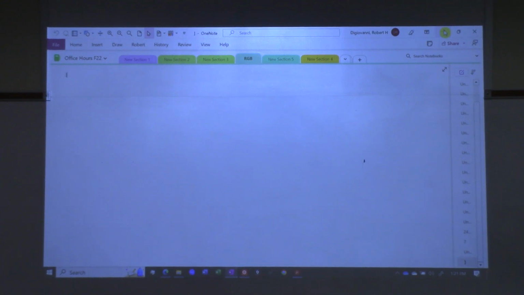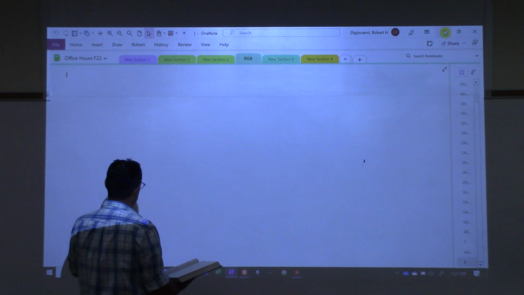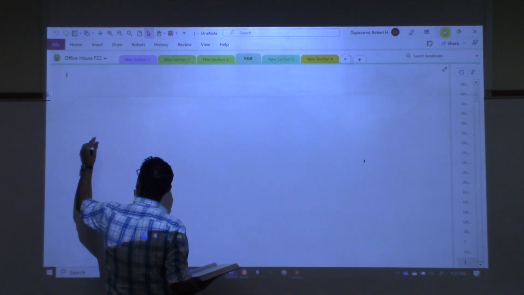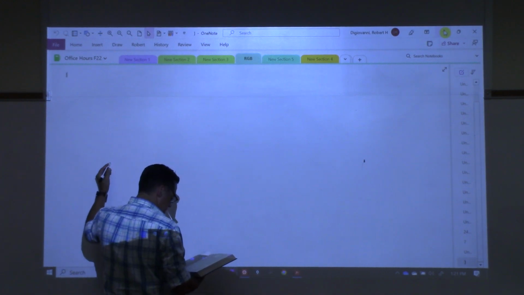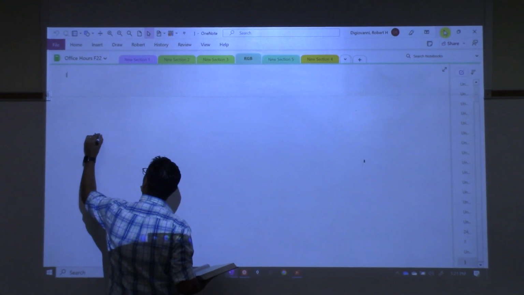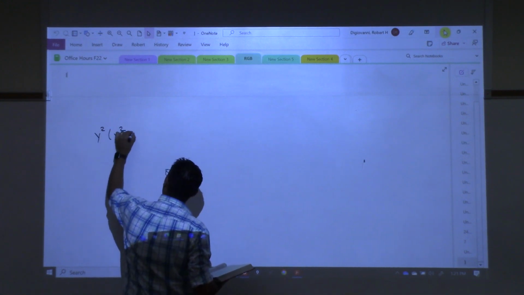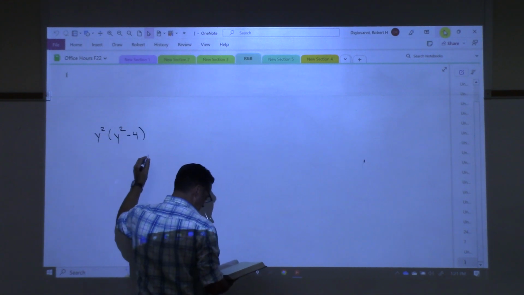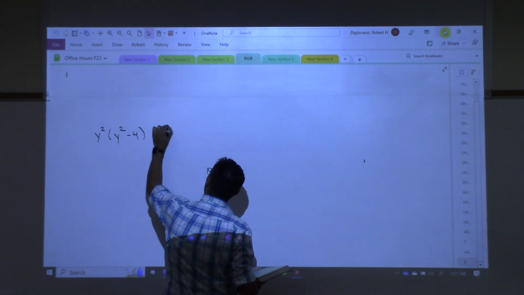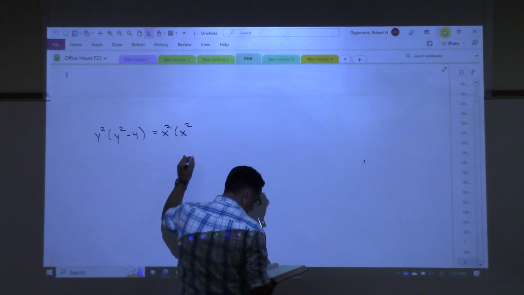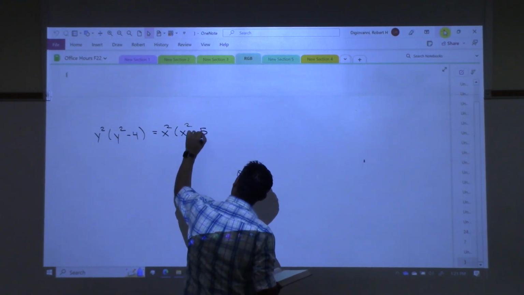Here's a good problem for us to do. I'll do number 24. They give you a curve y squared times y squared minus 4 equals x squared times x squared minus 5.